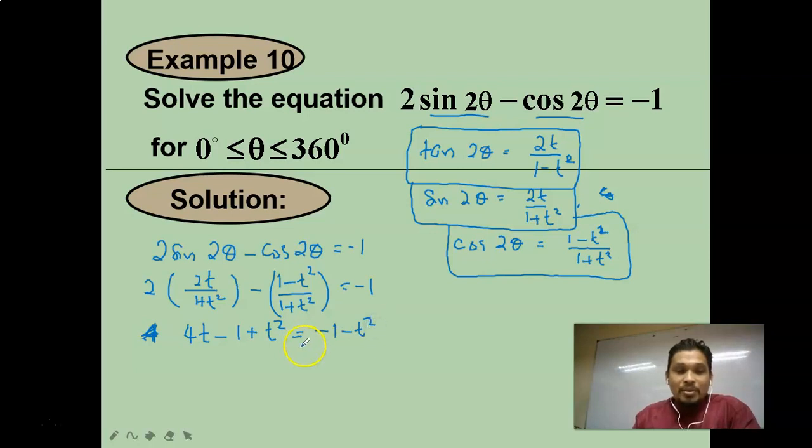So simplify this, bring all to the left side. So negative t squared becomes positive, so 2t squared plus 4t, and negative 1 brought here becomes positive, so negative 1 plus 1 equals 0. So factorize 2t out, 2t times t plus 2 equals 0.